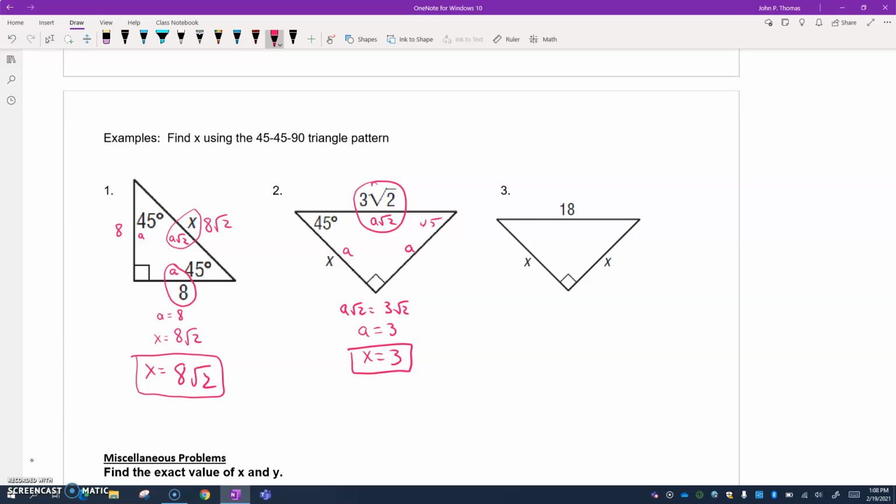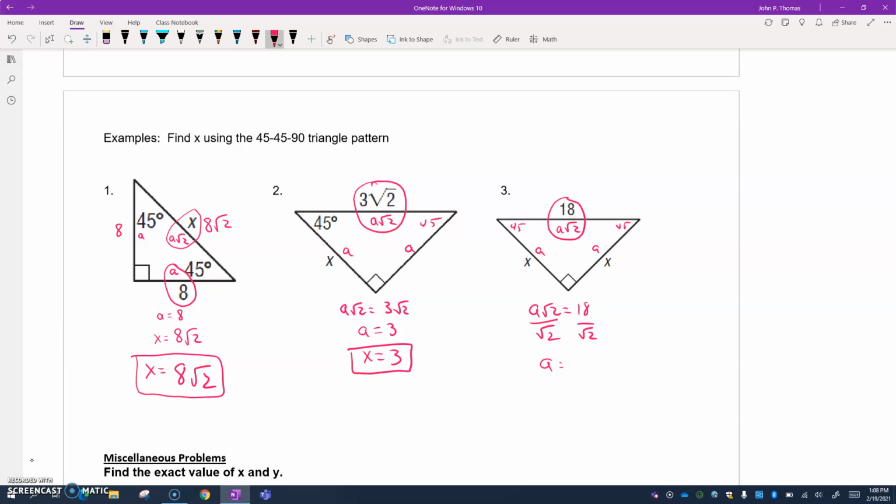All right, following the same process over here on this next one, I've got a and a root 2. It's very clear that we have an isosceles triangle here because both sides are x, both legs are x. So this has to be a 45 and a 45 here in the corners. Again, I look for the piece that I know both parts of. So a root 2 equals 18. I'll divide both sides by root 2.